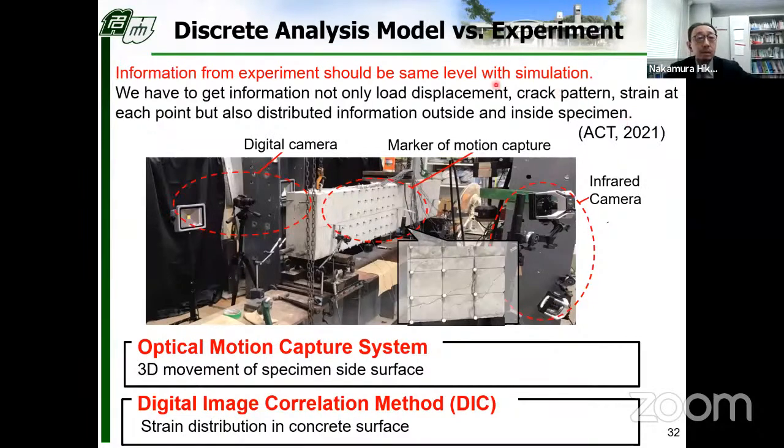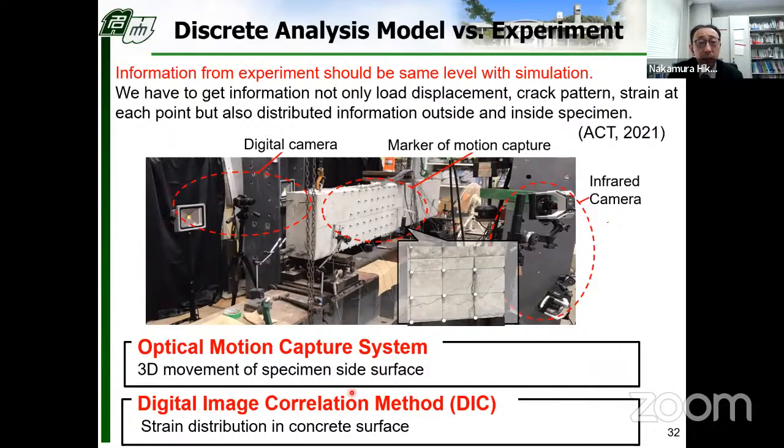We have to discuss advancement of experiment as well as numerical simulation. Information from experiment should be at the same level as simulation. So we have to get information not only on load displacement, crack pattern, and strain at some points, but also distributed information outside and inside the specimen.